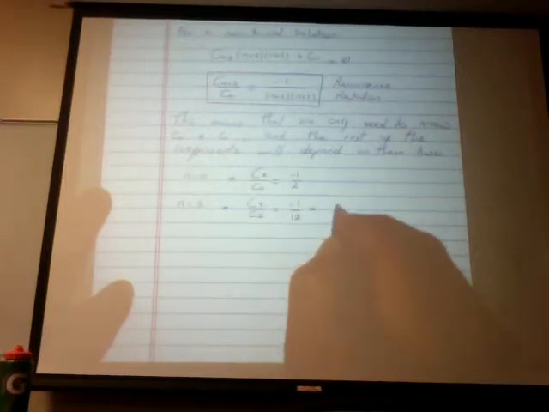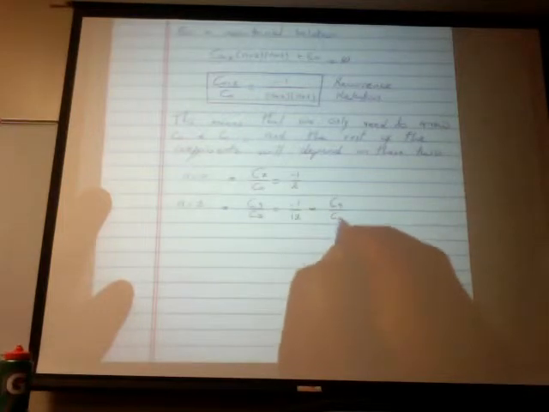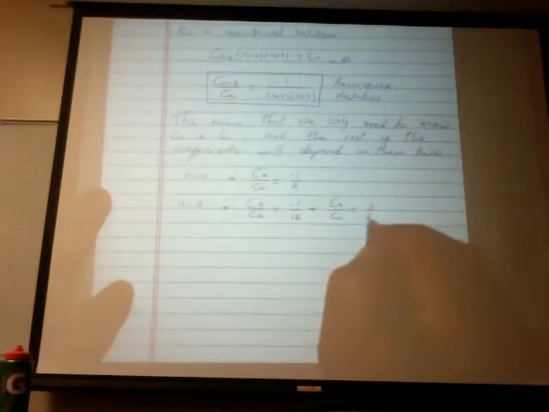If n equal 2, then C4 over C2 is equal to minus 1/12. Right? And therefore, I can say that C4 over C0 is equal to 1/24. Right?